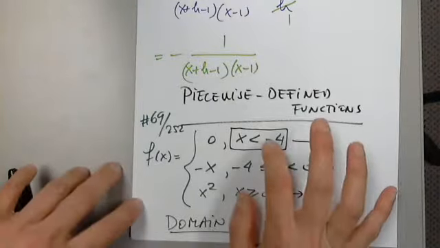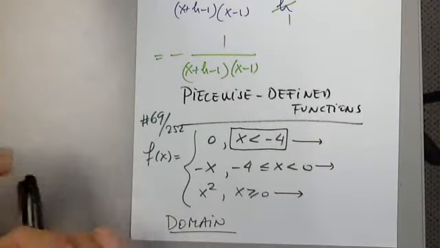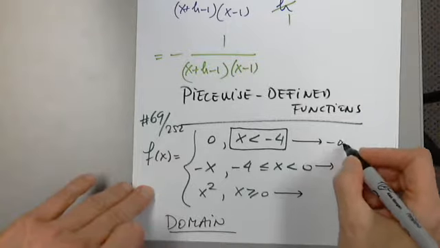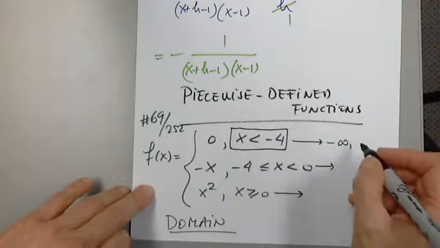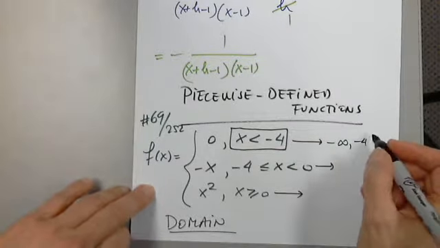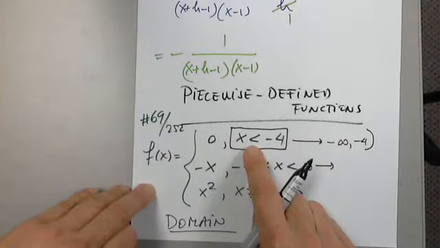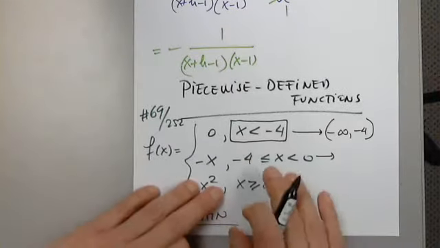Good. Can anyone identify this in interval notation for us? Perfect. With parenthesis, right? There is no equal symbol. Good. Awesome. What about the middle one?